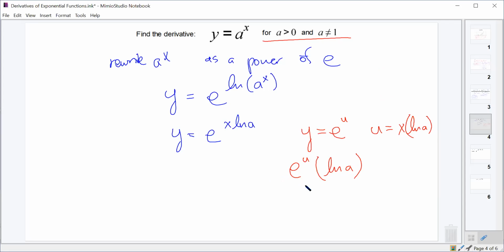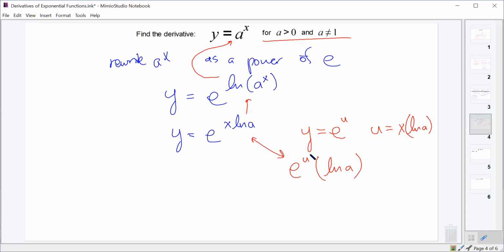And then if we go back through here, what's e to the u? Well, e to the u is e to the x ln a, right? Well, what's e to the x ln a? Well, that's e to the ln of a to the x. Well, what's that? That's a to the x, isn't it?